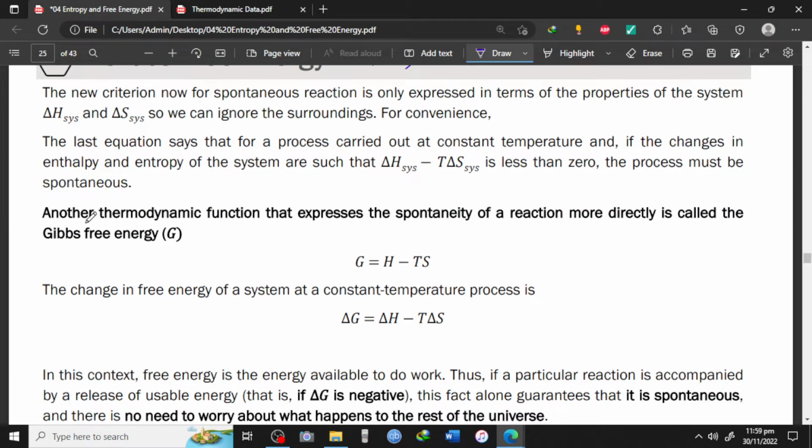So basahin lang natin: another thermodynamic function that expresses the spontaneity of a reaction more directly is called the Gibbs free energy. So, emphasize natin yung word na more directly, kasi for calculating the spontaneity of a particular reaction using the Gibbs free energy, we're only looking directly at the system anymore. We're looking at the system na lang. We're not considering surroundings.